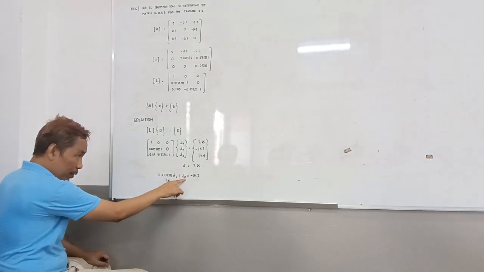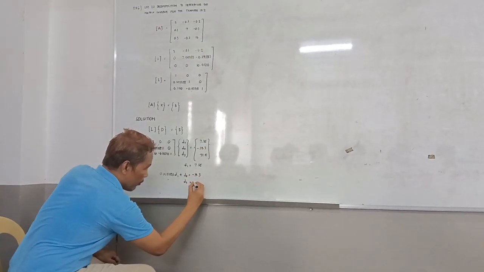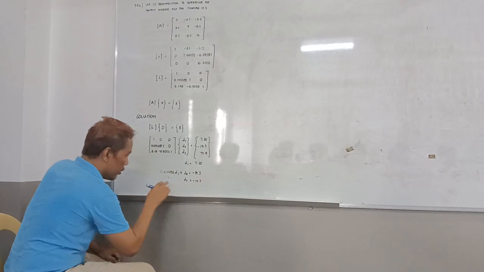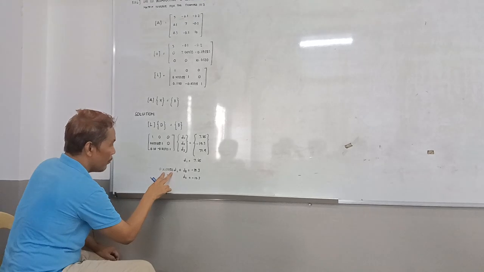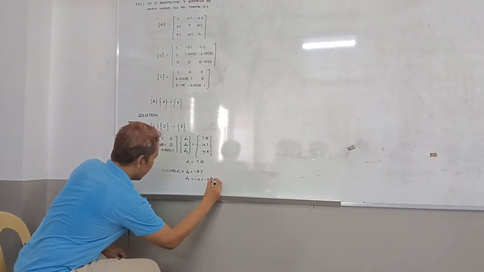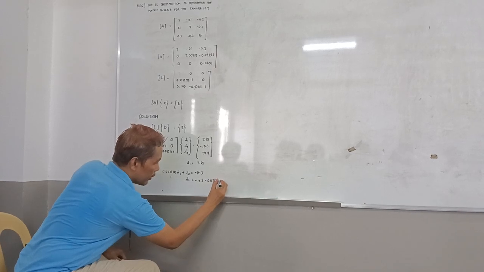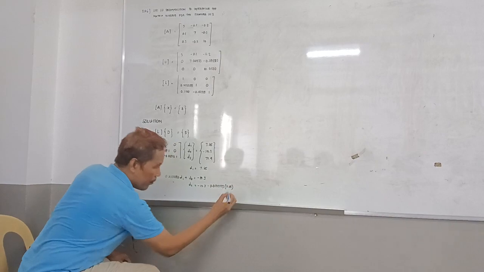Transferring this to the other side, it becomes negative: negative 0.033333 multiplied by 7.85.